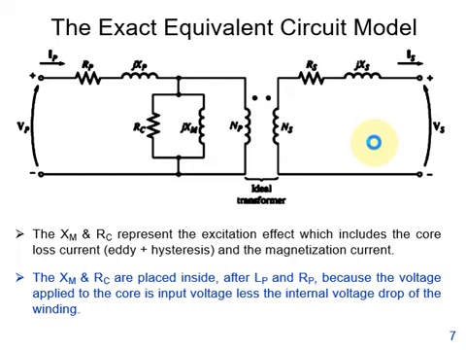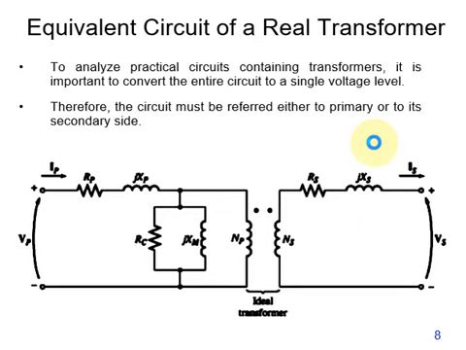The Xm and Rc are placed after Lp and Rp, because the voltage applied to the core is the input voltage less the internal voltage drop of the winding, as we have seen in this figure.